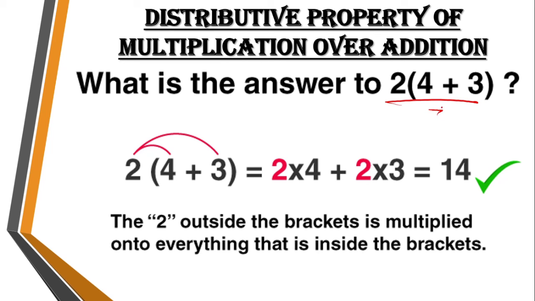This operation is there in the form of distributive property. Means, what does it mean? It means that 2 which is on the outside is getting multiplied with everything that is inside the brackets. Like, we have 4 and 3 inside, and outside we have 2. So 2 into 4 plus 2 into 3. This is the meaning of that operation.